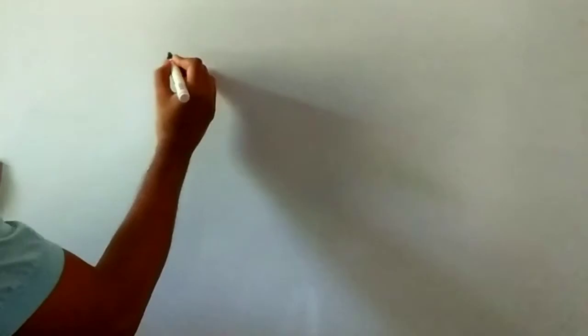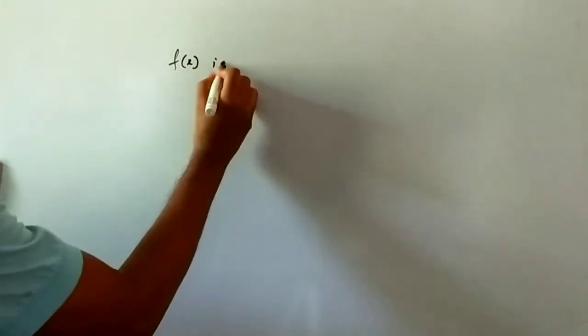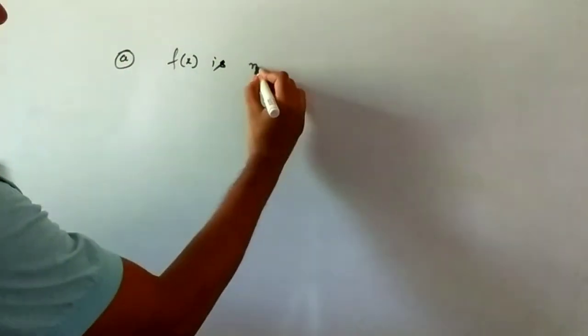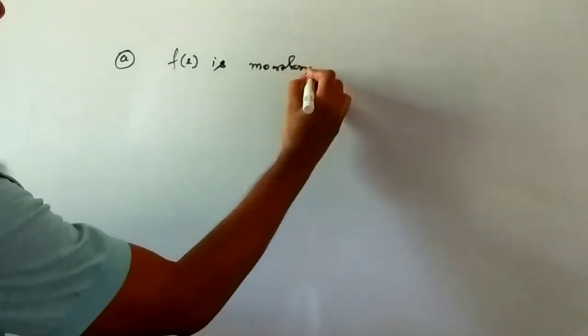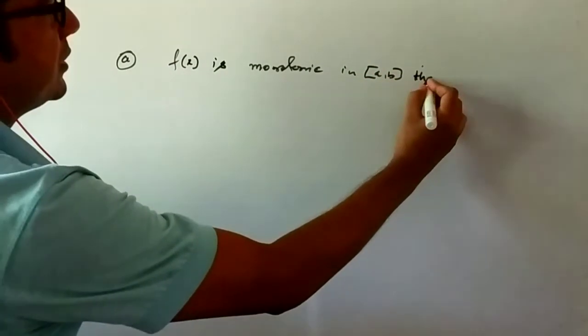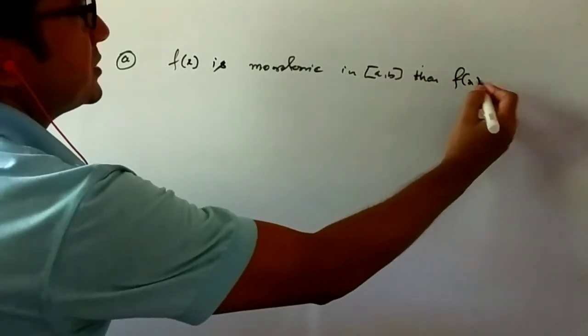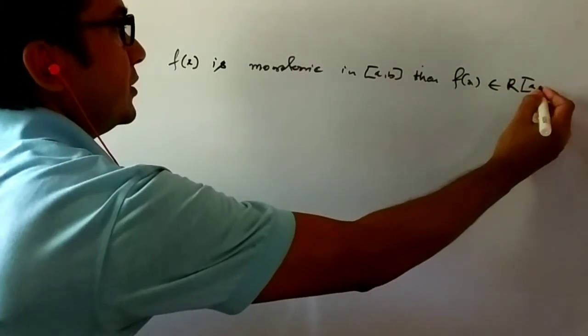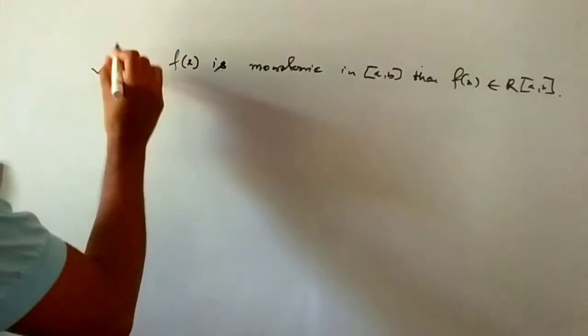The first option is, if f(x) is monotonic in [a,b], then it is integrable on [a,b]. If f(x) is monotonic in [a,b], then f(x) belongs to R, and this is the correct option.